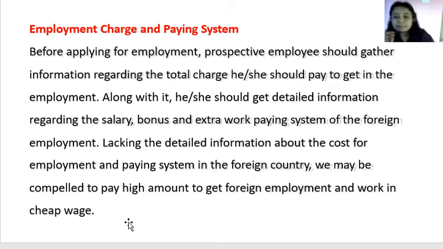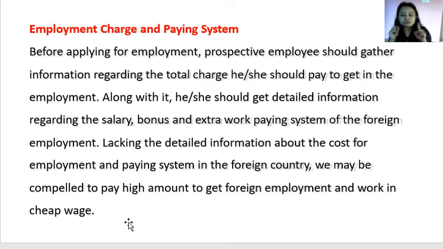So this is again about the manpower companies. Sometimes the companies will just tell you that you will be getting a high amount of payment, and that you have to pay 5 lakhs of rupees for doing the documentation and getting the visa. Manpower companies will be suggesting that.